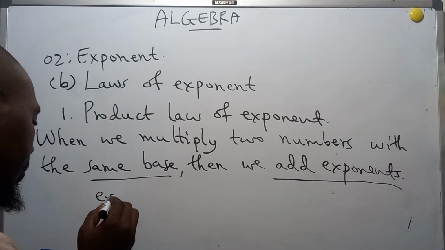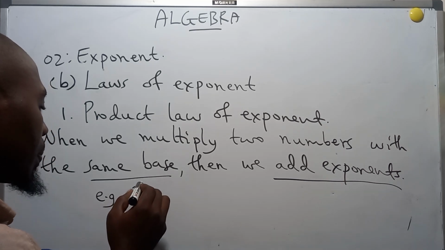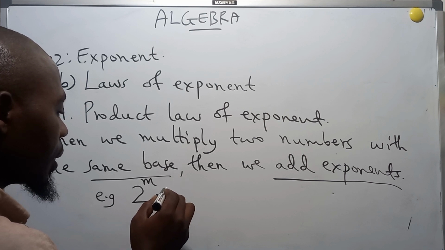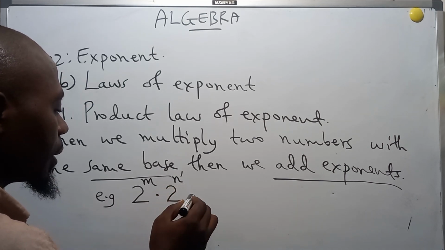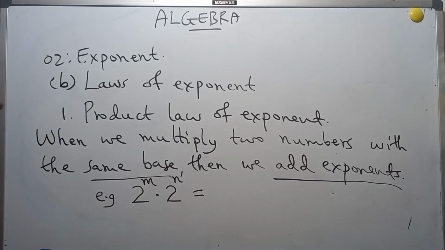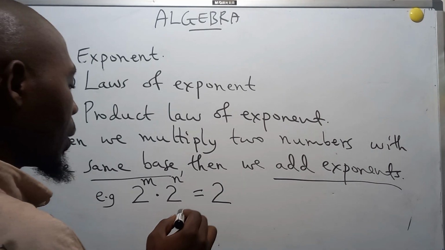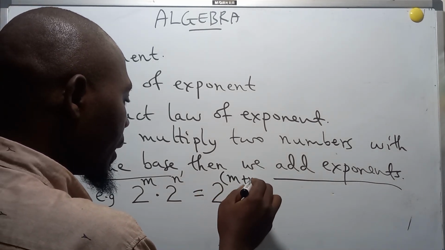For example, 2 raised to the power of m times 2 raised to the power of n is equal to 2 raised to the power of the sum of m and n.